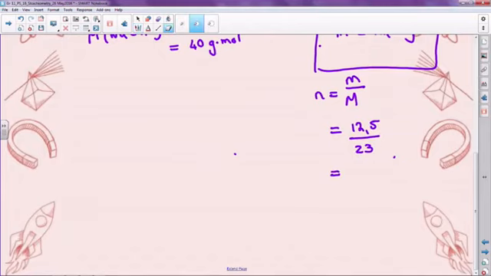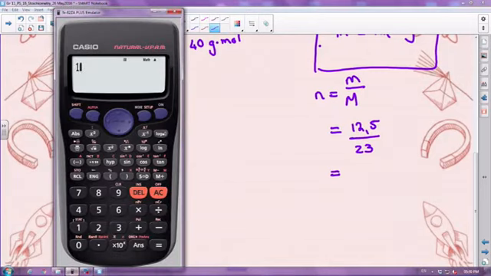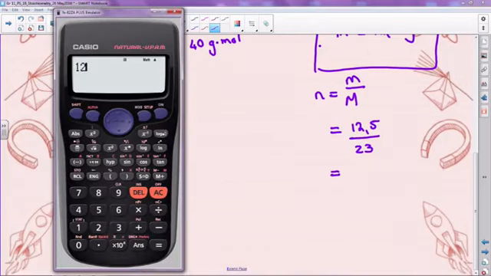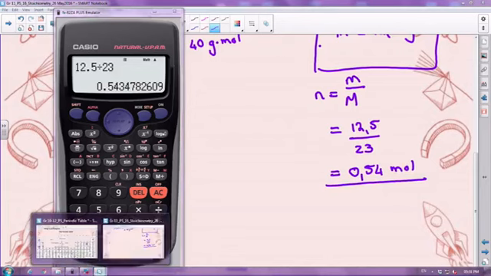Hopefully you can see that 12.5 is half of 23, but if not, let's quickly go to our calculator. 12.5 divided by 23 gives me 0.54. Okay, so here, 0.54 moles.